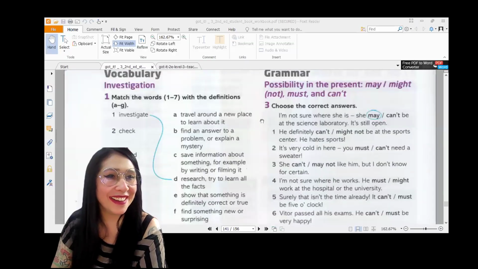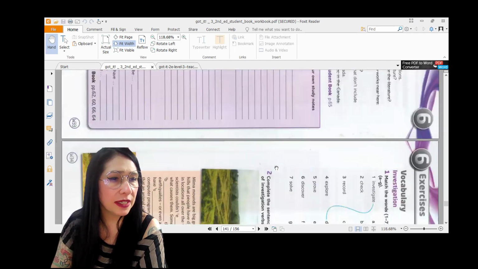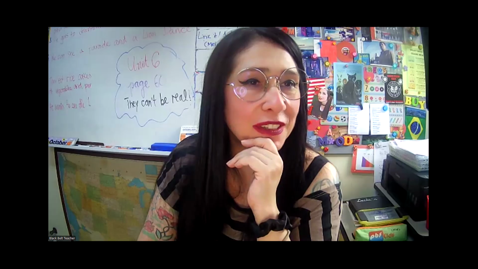Match the words. What happened? What have I done here? Let me stop sharing here, and I'll fix the page. Something happened.